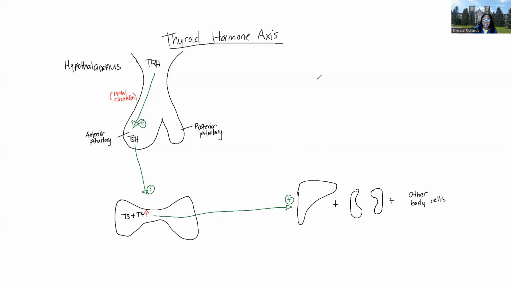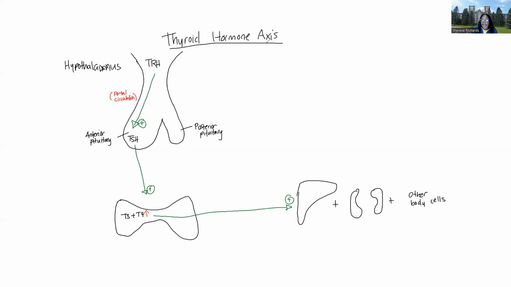Now let's talk about the feedback loops, how this process can be regulated. There's conversion of T4 to T3 in our peripheral tissues, okay? So excess T4 is secreted, and T4 specifically can have a negative feedback onto the pituitary as well as the hypothalamus.